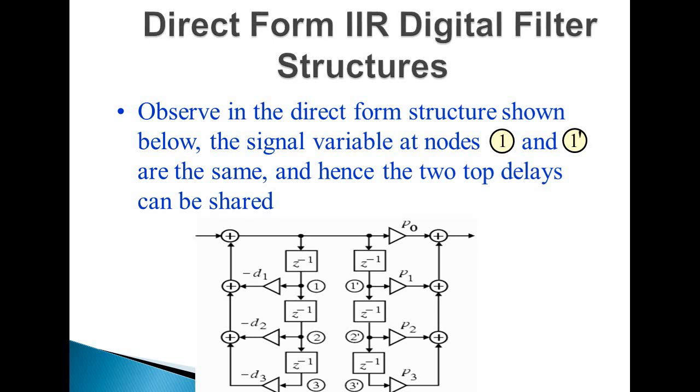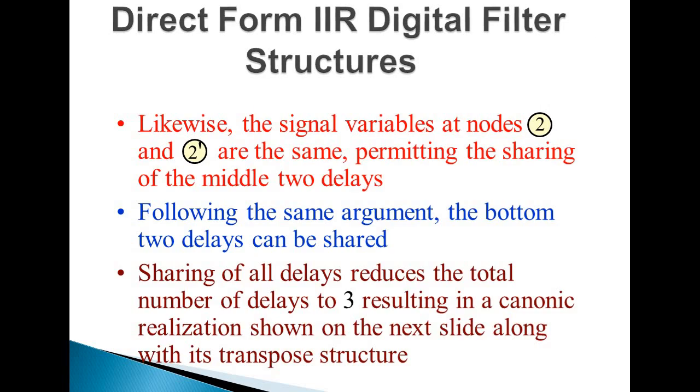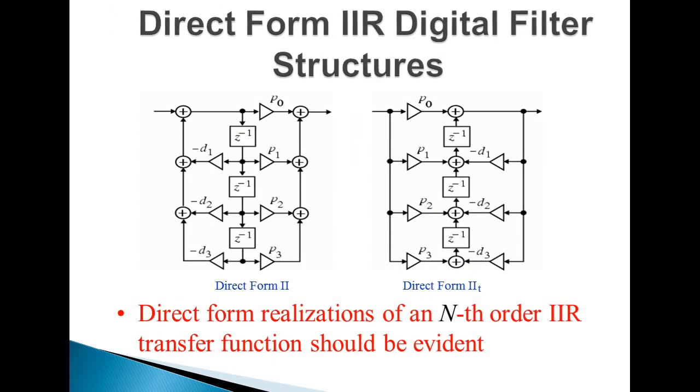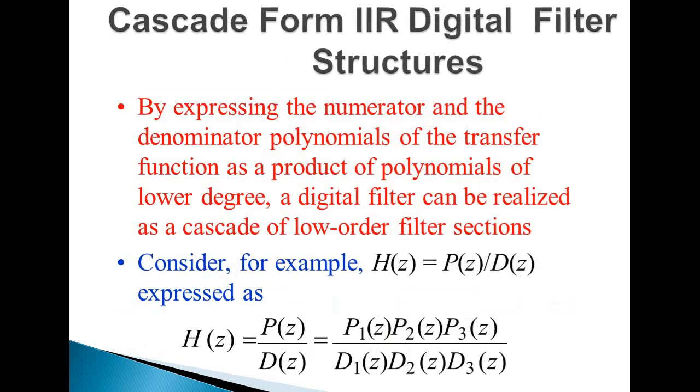And similarly for 2 dash, similarly for 3 dash. And see, combining these delays we call it the direct form 2 structure. So instead of 6 we require only 3 delays. That is the main thing here.